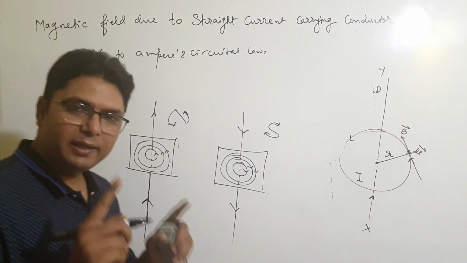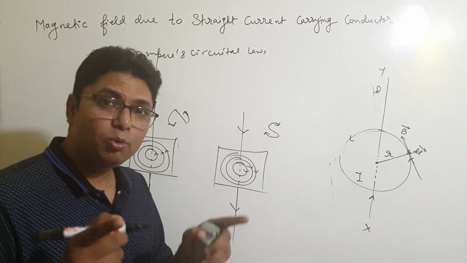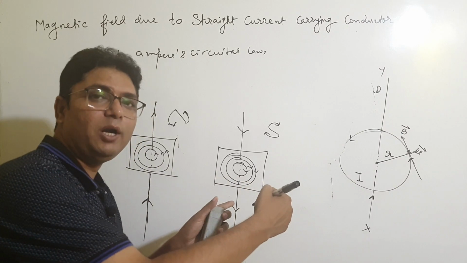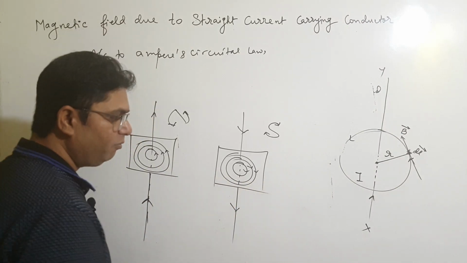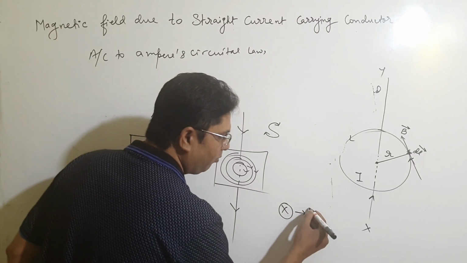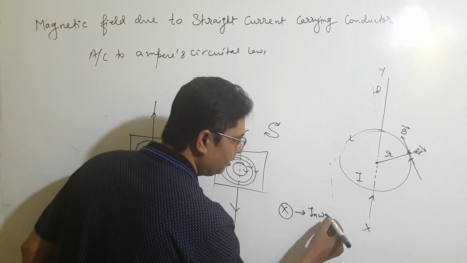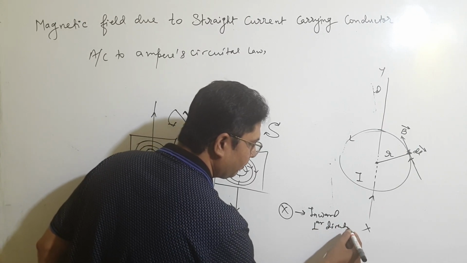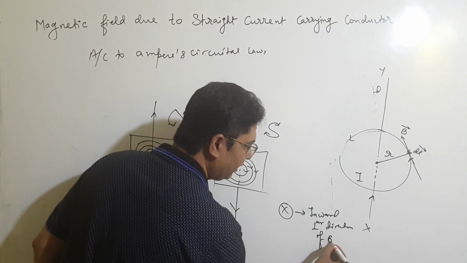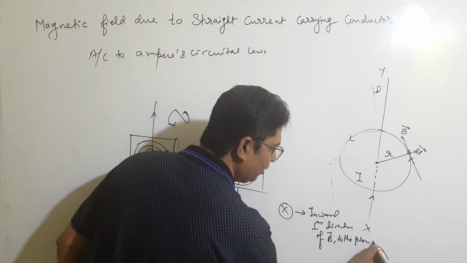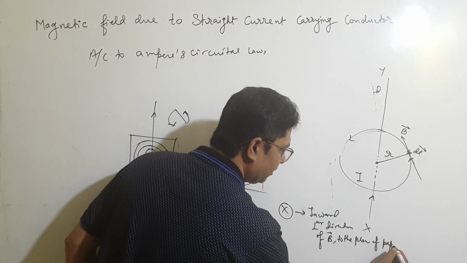If the magnetic field is normal to the plane of paper and it is inward, then we indicate it by a cross symbol. Cross symbol means inward perpendicular direction of magnetic field to the plane of paper.